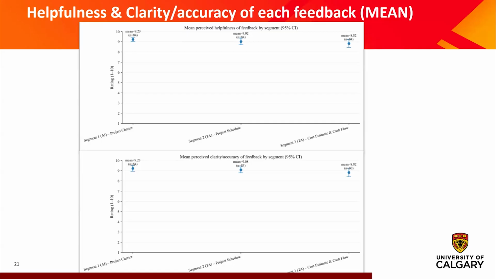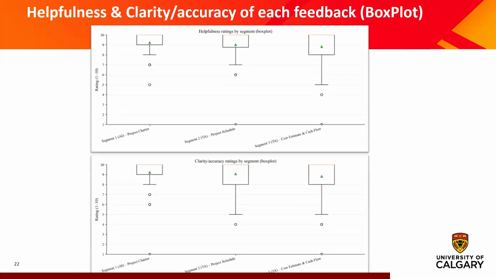And on the next slide, here we have the box plot that shows not only the average, but also the range of the student responses. A smaller box means the students were more consistent in their ratings.